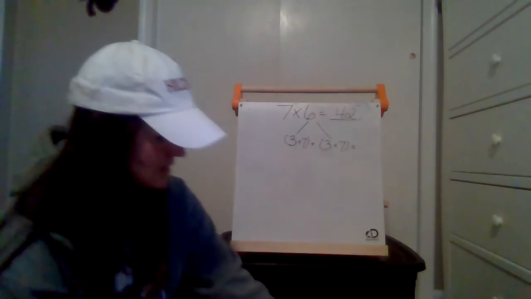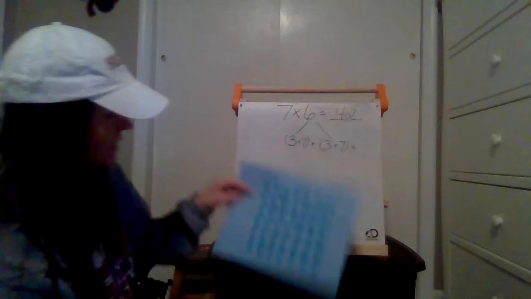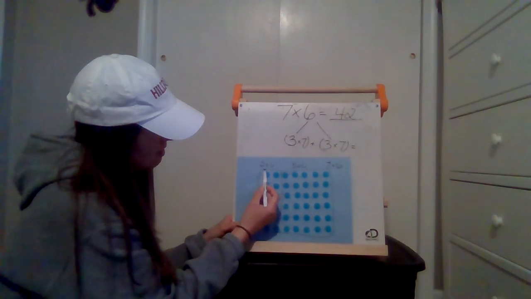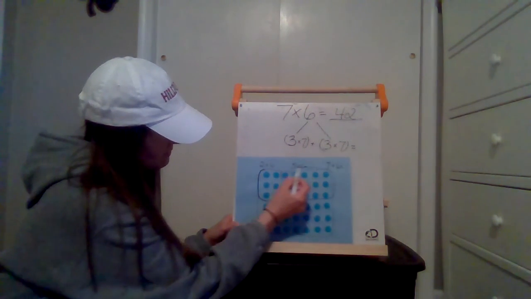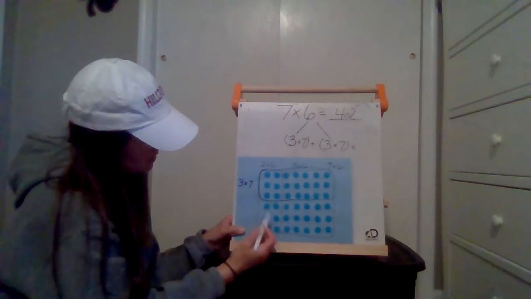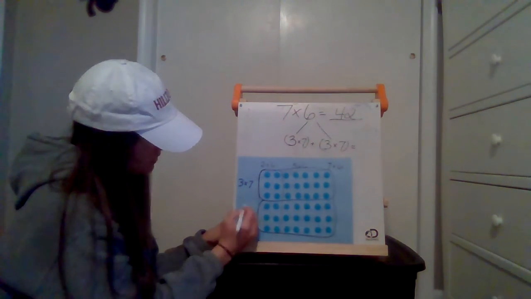So if we take a look here, some of you may have chosen to look at this a different way. So 3 groups of 7 and 3 groups of 7.